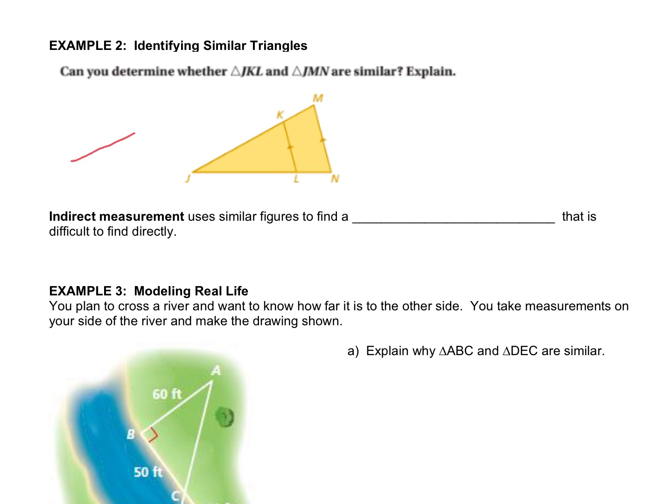So I'm just going to draw J, K, and L separate from J, M, and N. I'm going to make them two triangles so we can really look at these.